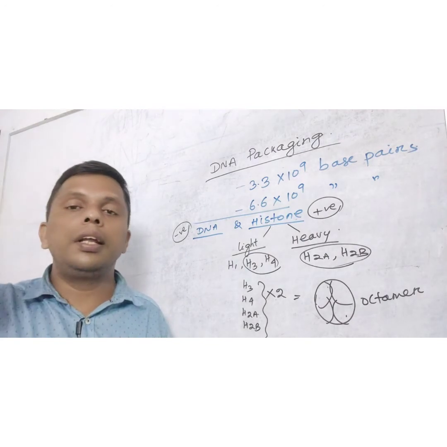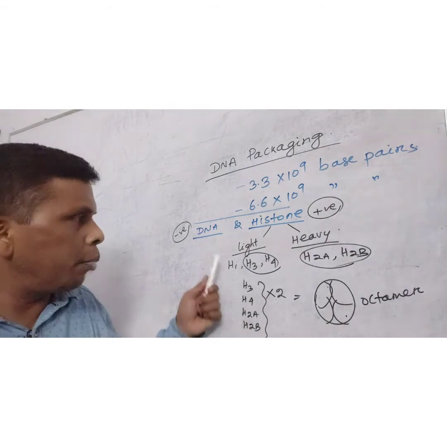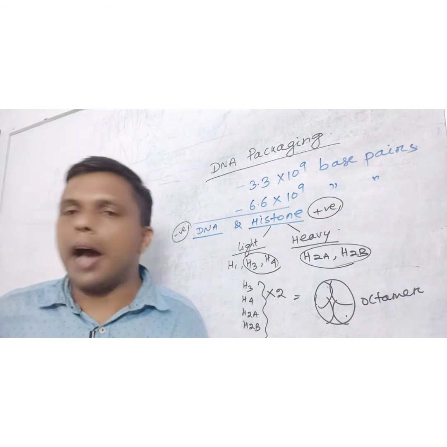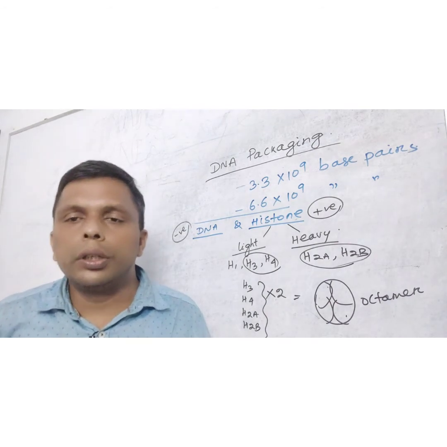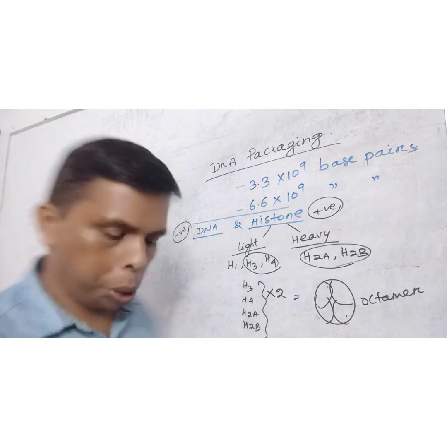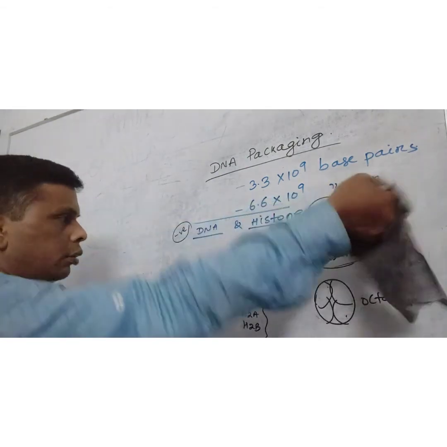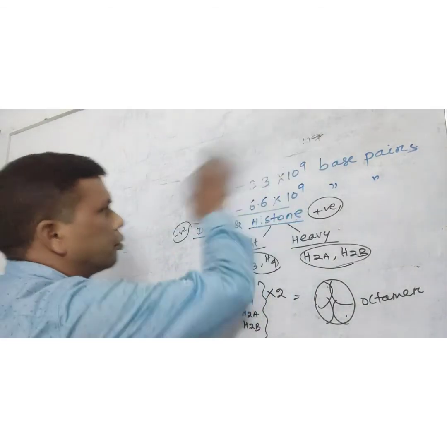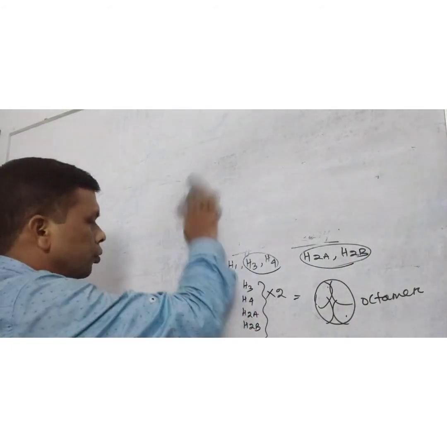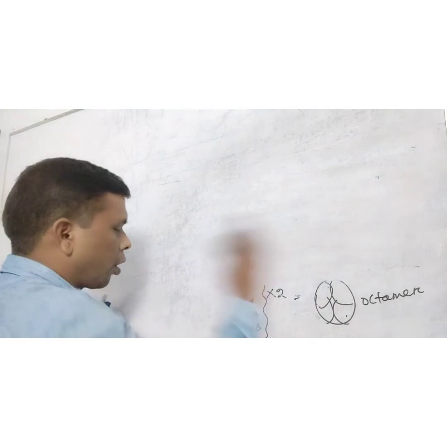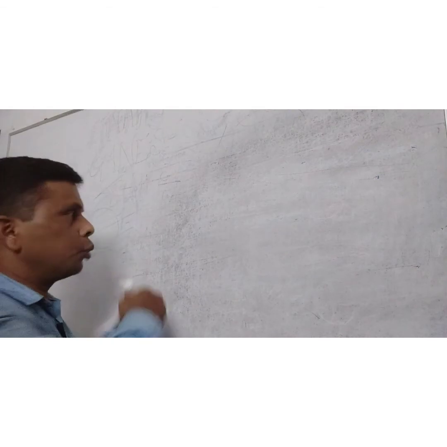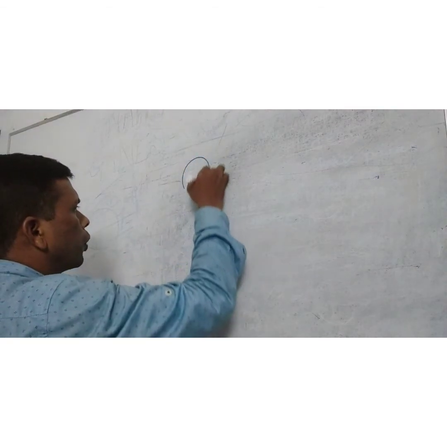Around the octameric histone, DNA is wrapped. We have already discussed that histone is positively charged and DNA is negatively charged, so around the octamer histone the DNA gets coiled. Let's see how. Suppose this is one histone octamer.